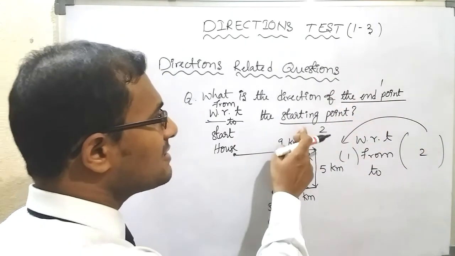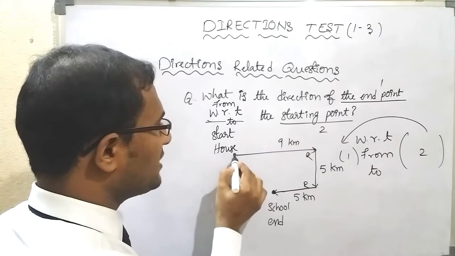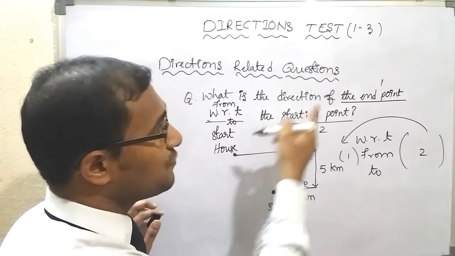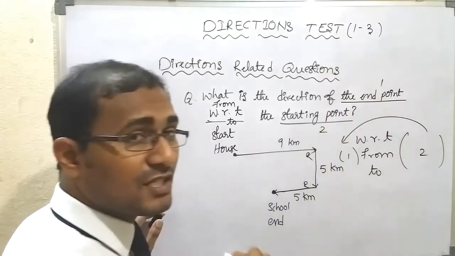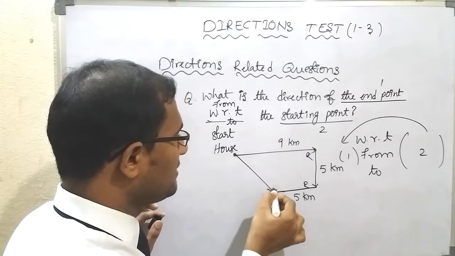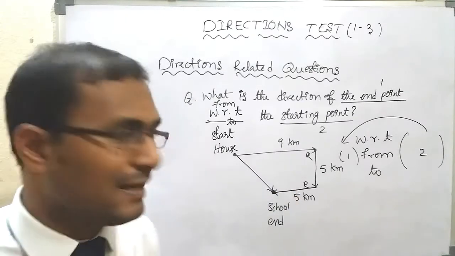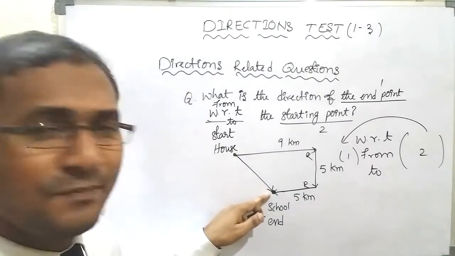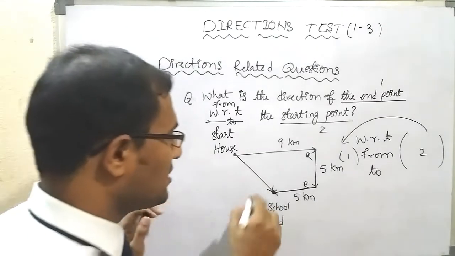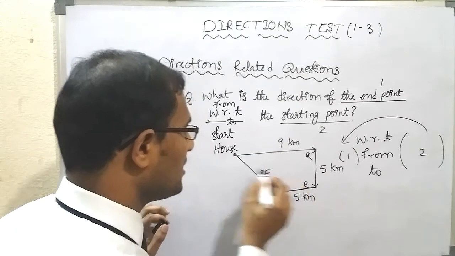Now here, what is the second point? Starting point. Starting point means this point, and towards which point do we have to draw? The first point. What is the first point here in the question? The end point. So from the starting point to the end point we have drawn one line. What is this line indicating? A line which is drawn towards the right-hand side downward direction is nothing but southeast in general.